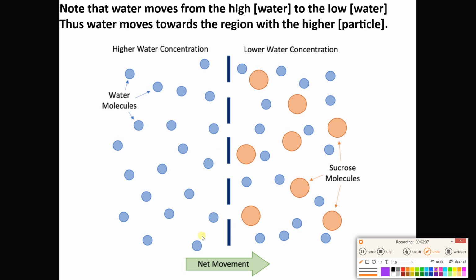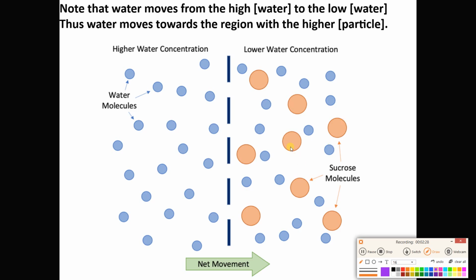So water molecules will tend to move from this side to that side, from where there's more water to where there's less water, high water concentration to lower water concentration. But notice that water is not the only thing we have here.